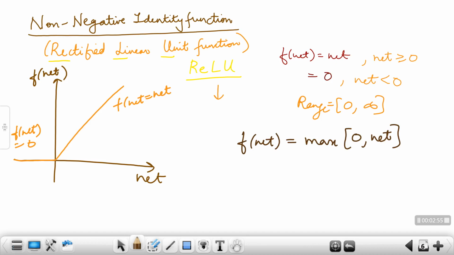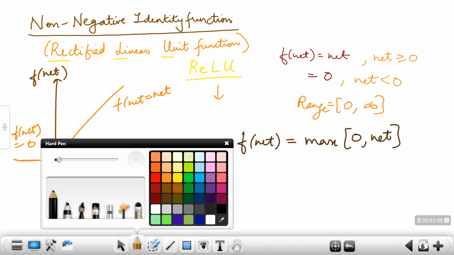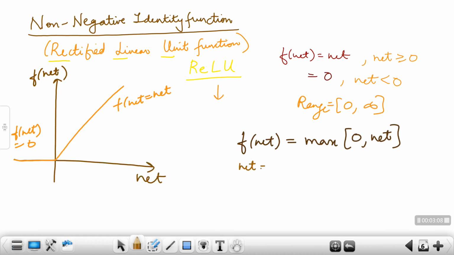What is the meaning of this function? It means that if net is higher, then the output will be net. If 0 is higher, then the output will be 0. Let us take an example where net is equal to 1. Then f of net will be maximum of 0, 1. The maximum between 0 and 1 is obviously 1. So f of net is equal to 1 and net is also equal to 1.